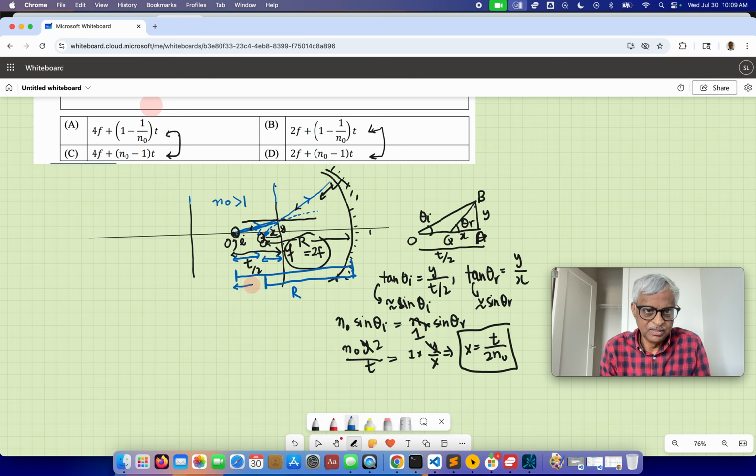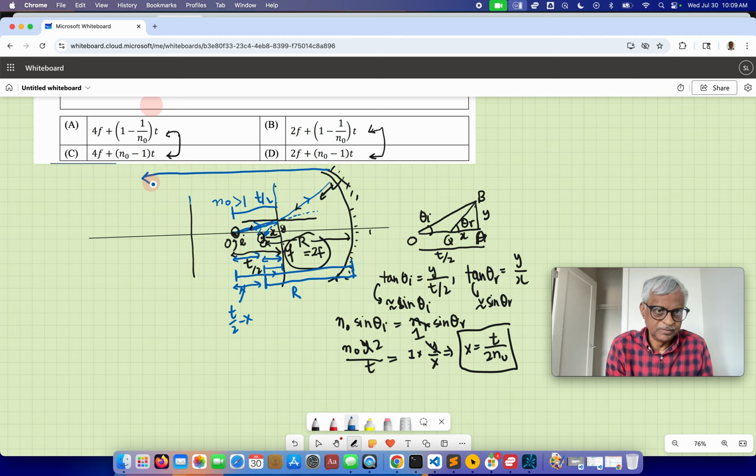So if you do this guy, this will simply be from here to here is T over 2, and this part is X. So this is T over 2 minus X. So we have that distance D should be 2 times sum of these guys, right?